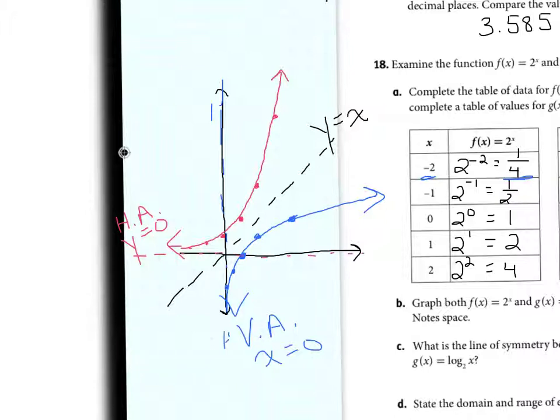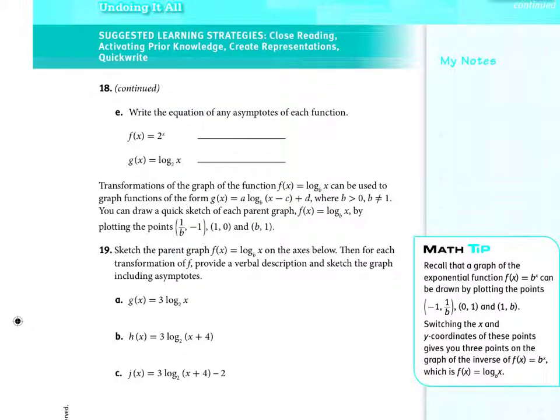Notice again that they swap, x's and y's. This one was horizontal, this one is vertical. Everything swaps. So we could fill these in here as well. For the exponential, it was y equals 0. For the logarithmic, it's going to be x equals 0.